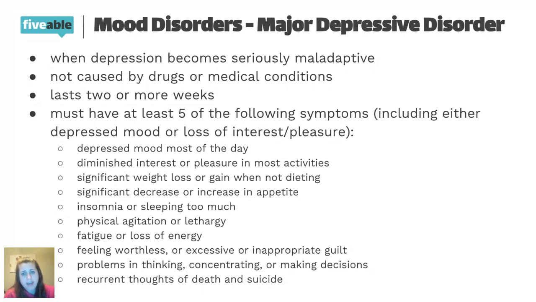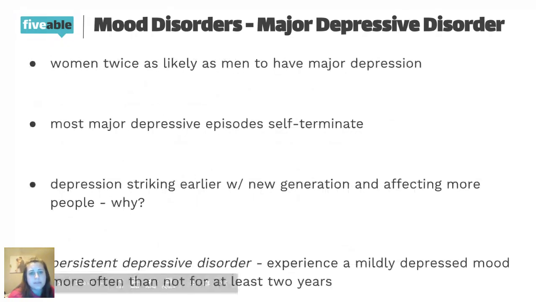So just some other facts about major depressive disorder. Women are twice as likely as men to have major depression. Most major depressive episodes do eventually self-terminate, so it's not necessarily something you're sentenced with for the rest of your life. You may have bouts of it on and off, but typically it does ease eventually and go away, depending on how you treat it and what you're seeking out.